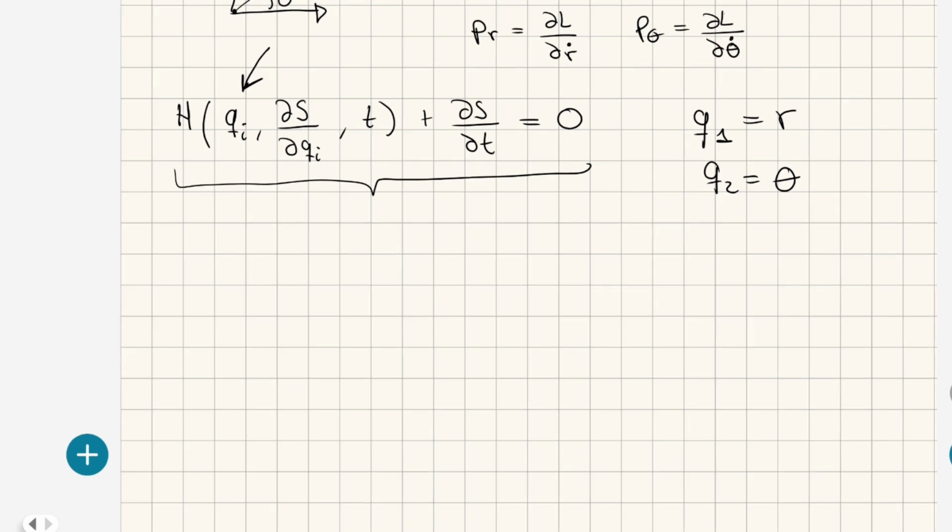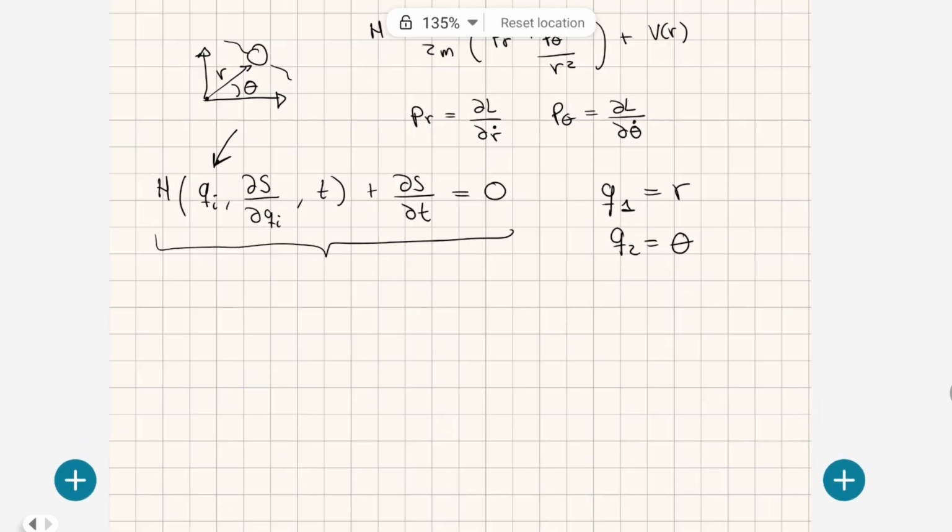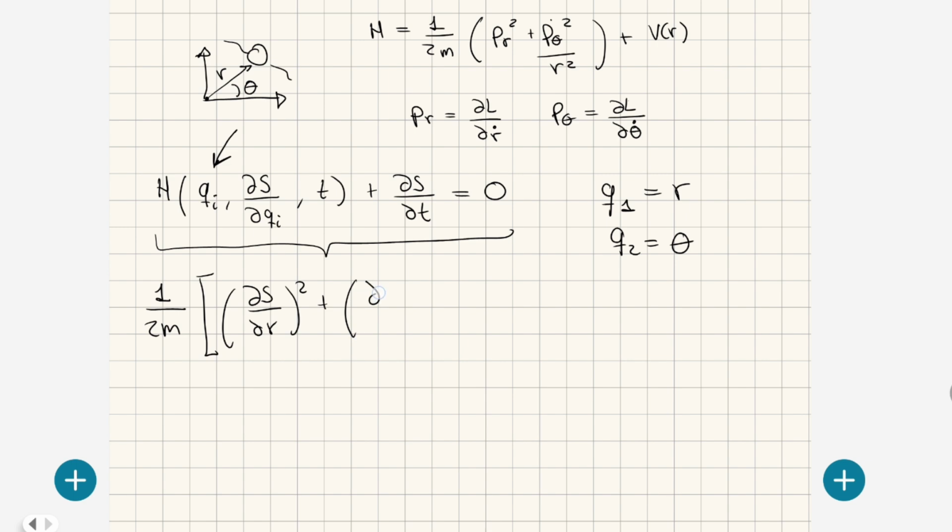So that means that the Hamilton-Jacobi equation for the particle in the central field of force is going to be 1 divided by 2m, multiplying the partial of S with respect to r squared plus the partial of S with respect to theta squared, and then this is divided by r squared, and then plus B(r), and we need to add the partial of S with respect to time, and this is equal to 0.